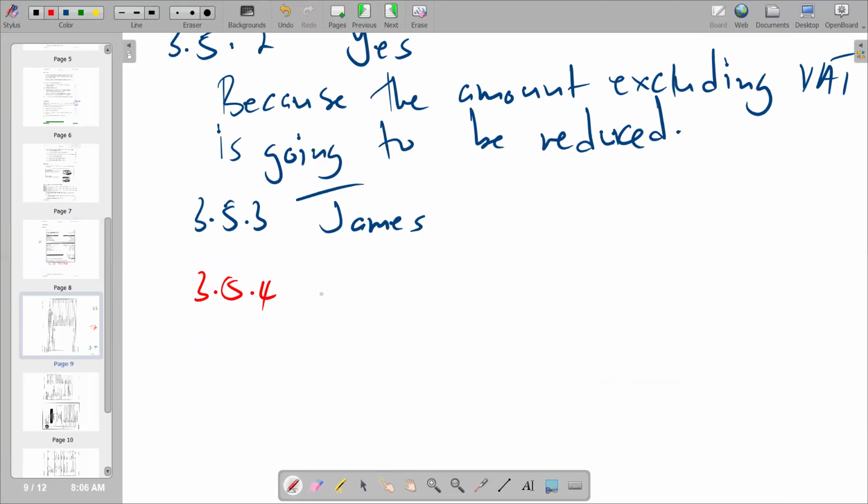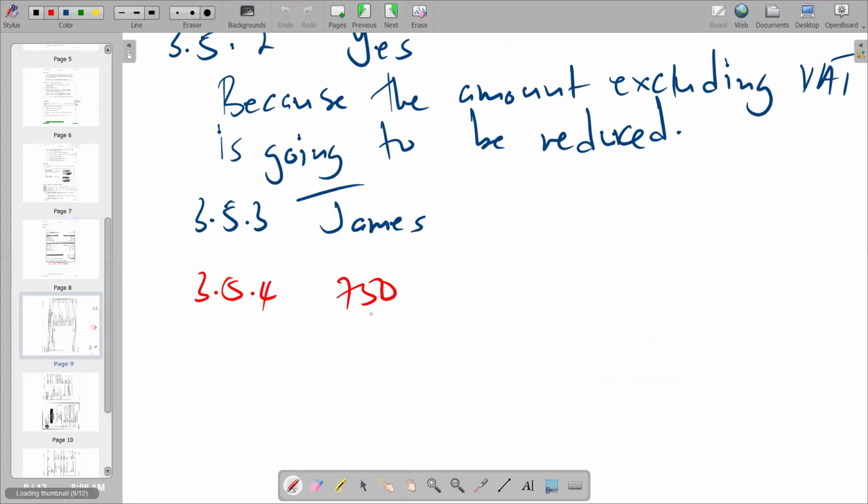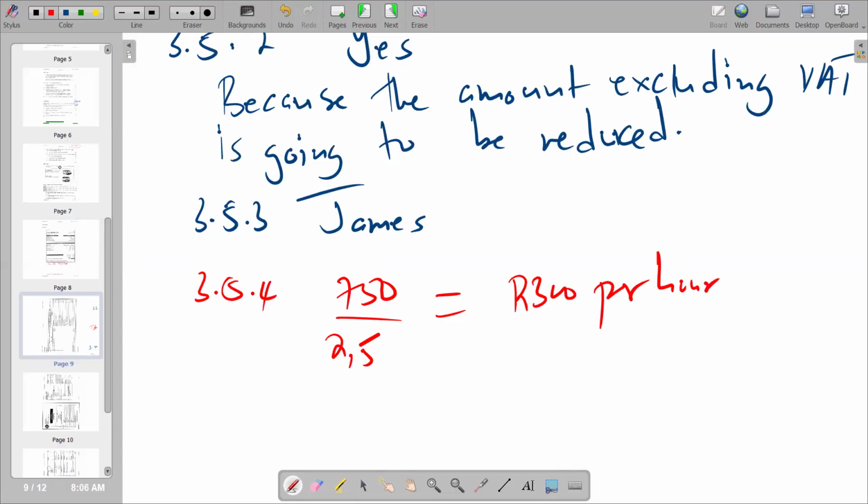We are saying 750 divided by 2.5. And then the answer that we are supposed to get there is 300 rands per hour. So that's what we have on 3.5.4.